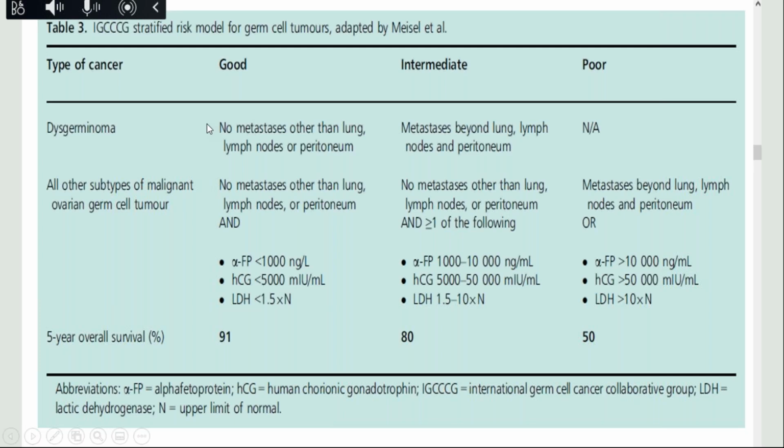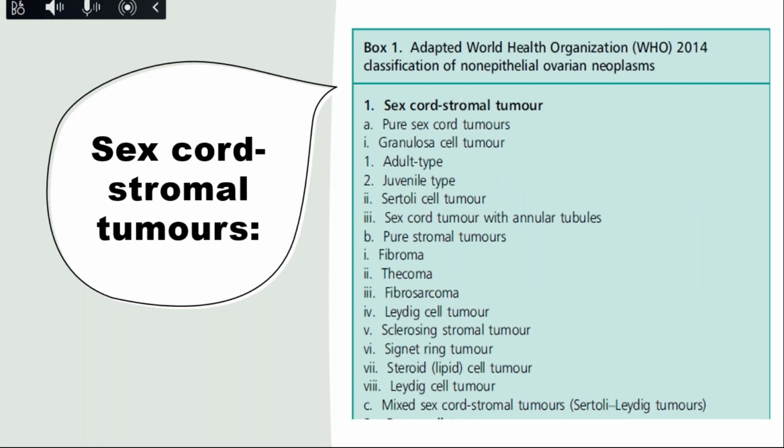So what do you think the tumor is according to the stratified risk model? You can say this is the good type of dysgerminoma or good type of malignant ovarian germ cell tumor. Okay, so any question from malignant ovarian germ cell tumor?